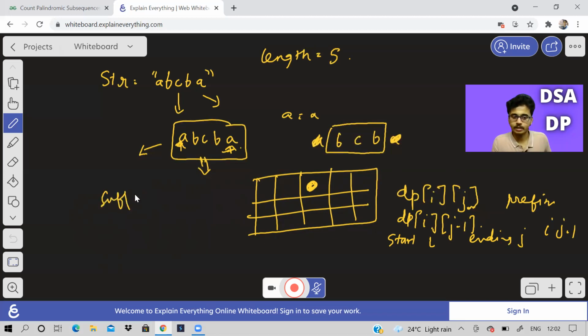And obviously suffix will denote what? dp of I plus 1, j. Because in suffix, we forgot the first character. We left the first character. See, suffix is this, right? If suppose the string is BA, suffix is this much.